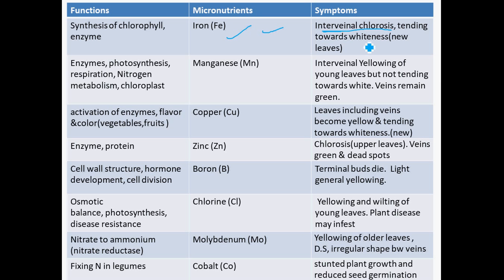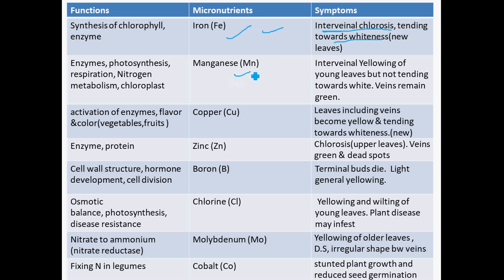So veins remain green when there is deficiency of iron, and the other leaf portion turns yellow tending towards whiteness. This is known as interveinal chlorosis.